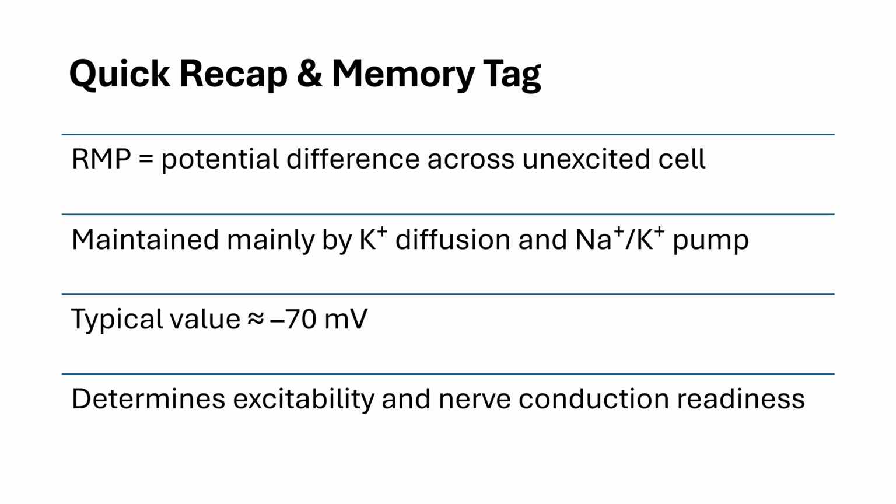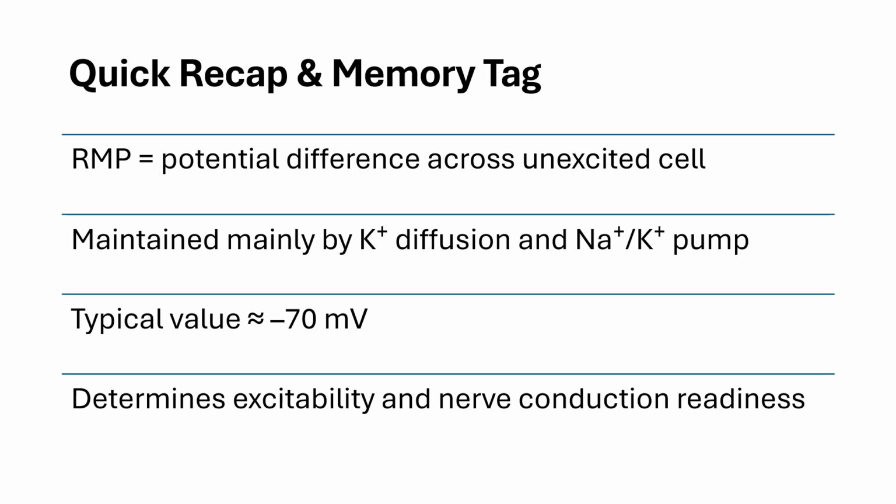So let's bring everything together with a quick recap of the key concepts behind the resting membrane potential. First, remember that the resting membrane potential is the potential difference across the membrane of an unexcited cell, and the inside is negative relative to the outside, even when the cell is at rest.